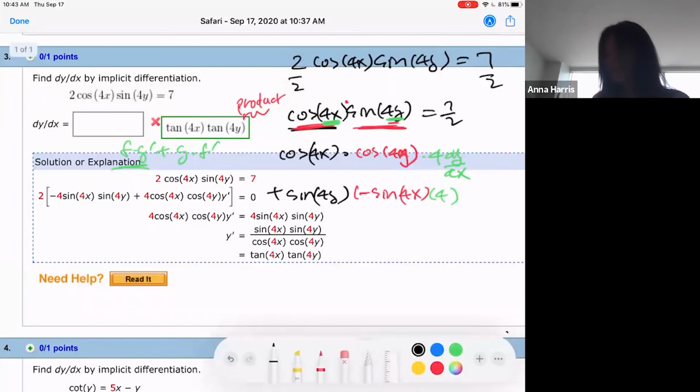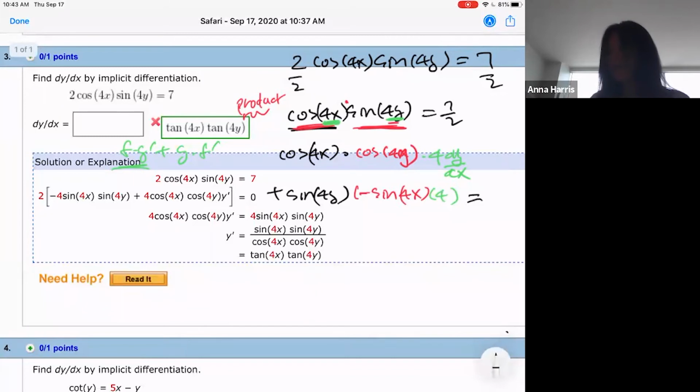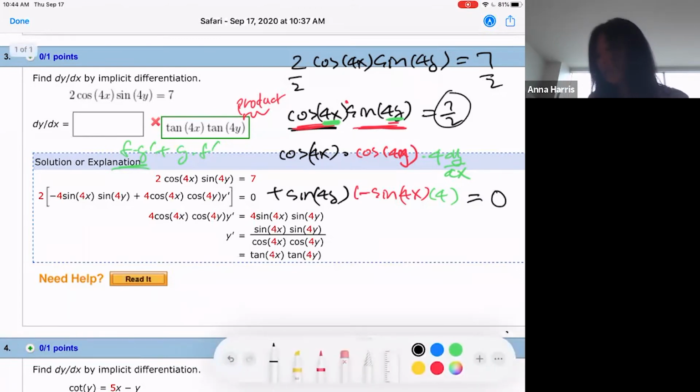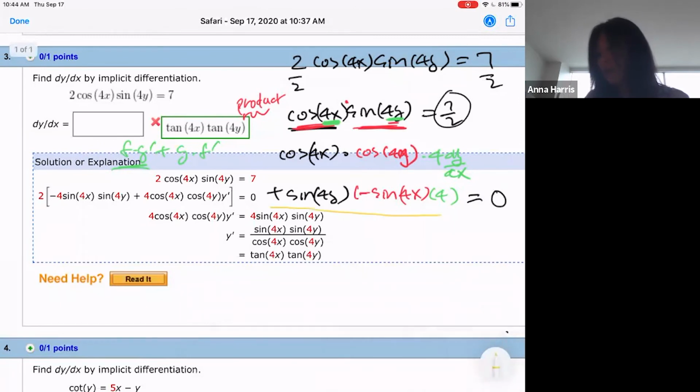Now take a derivative of the right hand side. Derivative of 7 over 2 is simply 0. Okay, are you with me, guys? Now remember we're gonna put everything else to the right hand side if it doesn't have a dy dx. So this term right here, I just need to move to the other side. I'm just gonna simply put the negative of that.